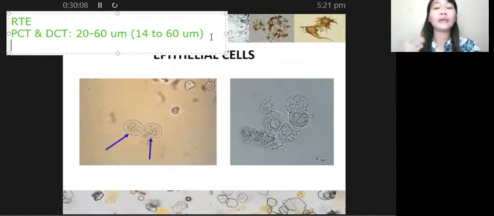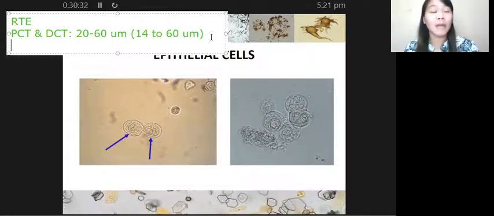According to Henry, that is the possible size of RTE cells coming from your PCT and your DCT. However, some authors would say that RTE cells coming from your DCT are smaller as compared to your PCT, but they did not give a value.